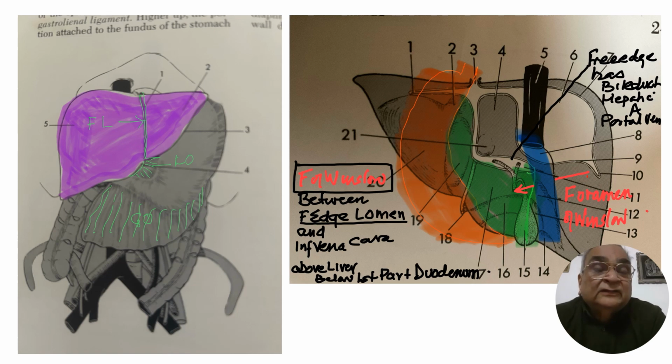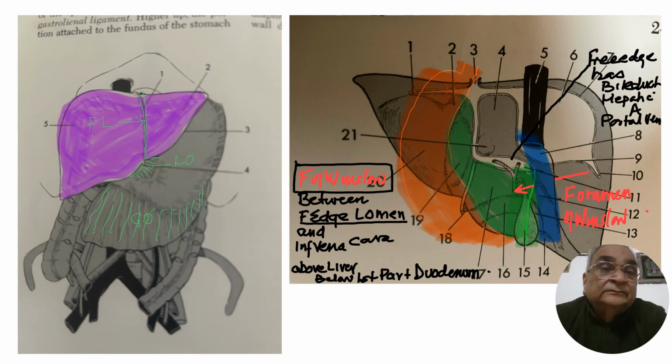The importance of this is that the lymphatics from the lower medial part of the breast comes through this, and therefore the breast cancer can cause secondaries through this falciform ligament.